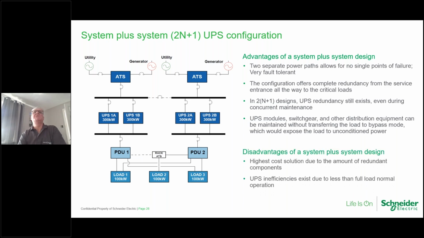The disadvantage, as we mentioned, is the amount of redundant components we have in this system. Therefore you do get some inefficiencies because they're not operating at their best level of operation. I mentioned the 50% loading. That is because if you look at a typical modern UPS power curve, its efficiency is not at its highest at 100% load.